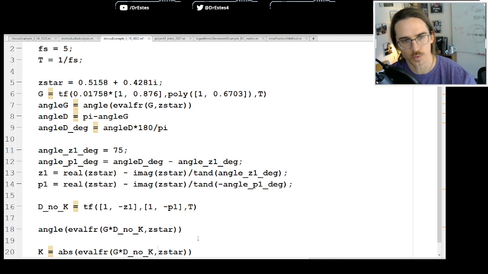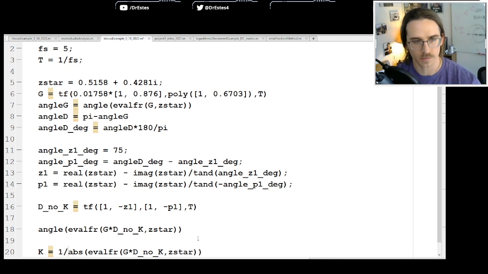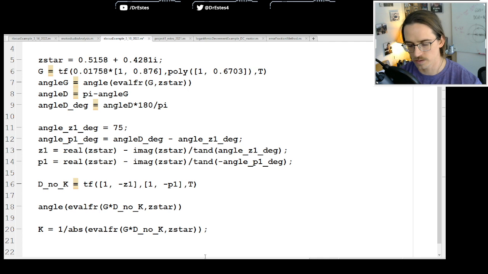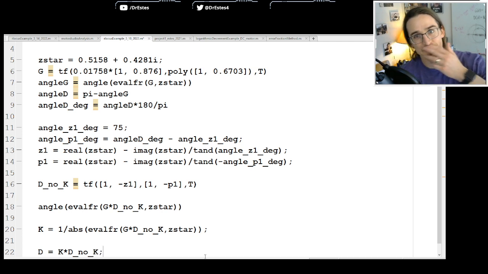And then we have to do 1 divided by that whole thing. And this is going to give us our controller gain so that it satisfies the magnitude criterion. And then that'll allow us to put together our full controller, which would just be K times D with no K, which just brings us back to D.